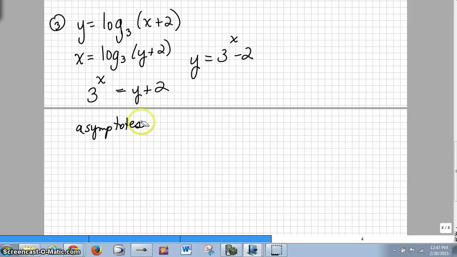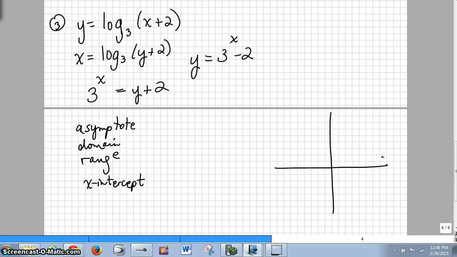A log function has, instead of a horizontal asymptote, a vertical asymptote. It has a domain. All functions have a domain and a range. And instead of finding a y-intercept, we're going to find an x-intercept here. And then we're going to draw a sketch.